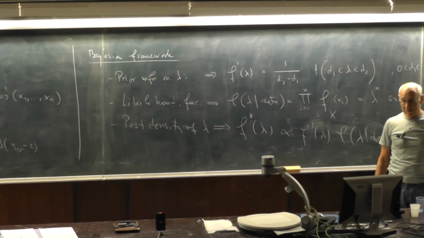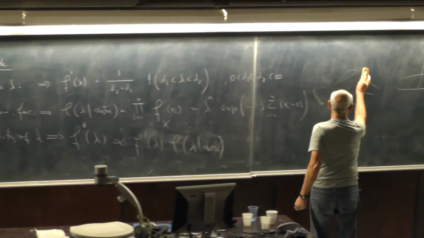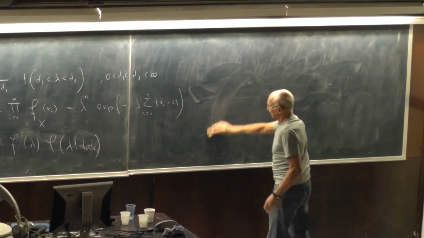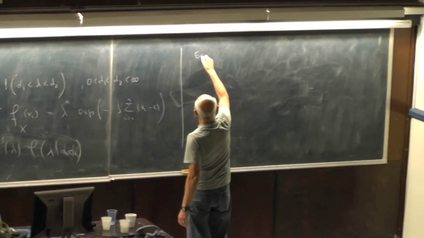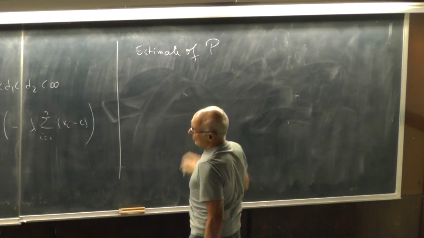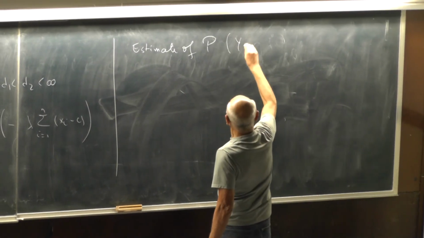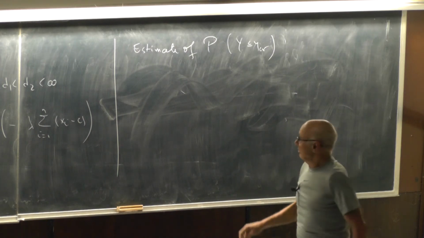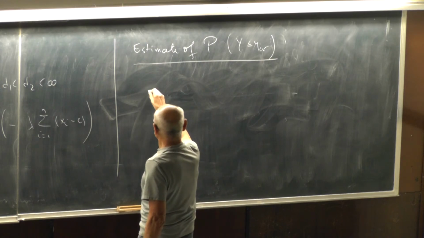Also, we can do confidence intervals, for example. I'm going to show you solution numbers right away. So, the estimate of this probability, I call it y. Okay. So we have this.